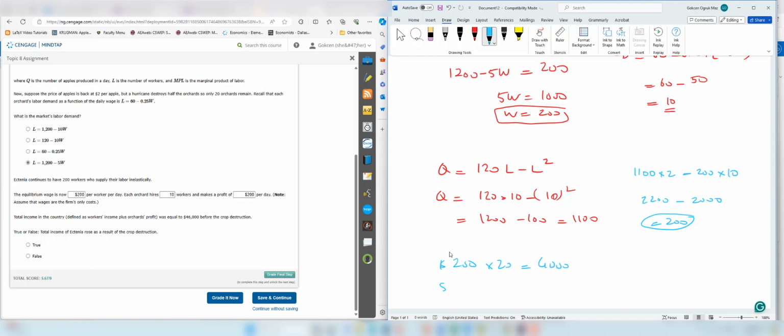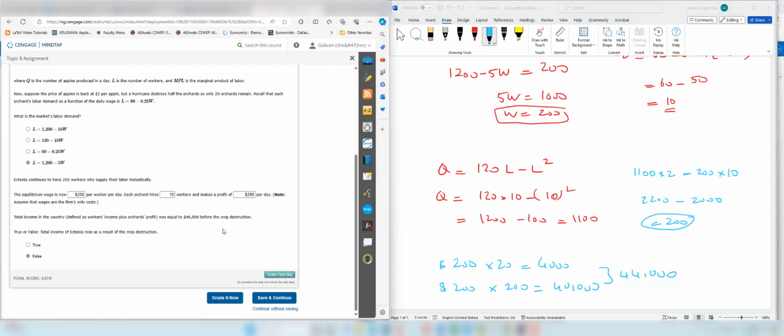Now the wage rate, 200, times the total labor supply, gives 40,000. So the total income is 44,000 after destruction. As a result of crop destruction, total income decreases. Therefore, this is a false statement. So this is how you solve this question.